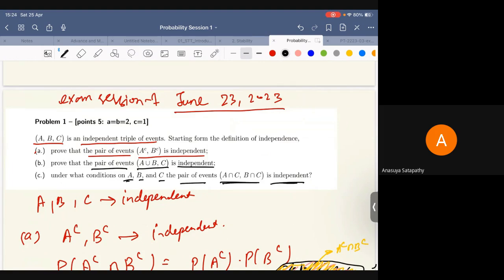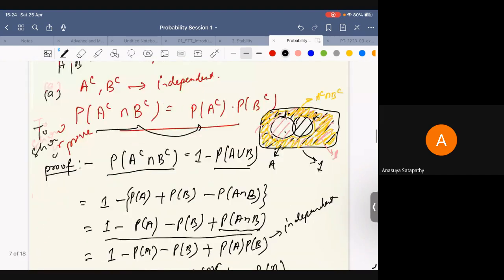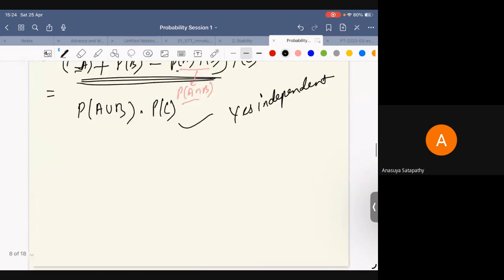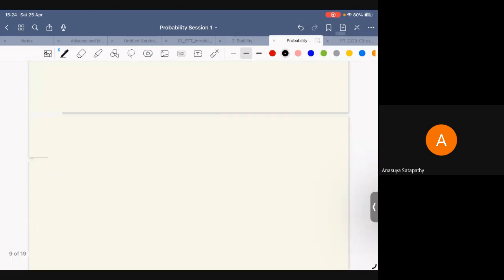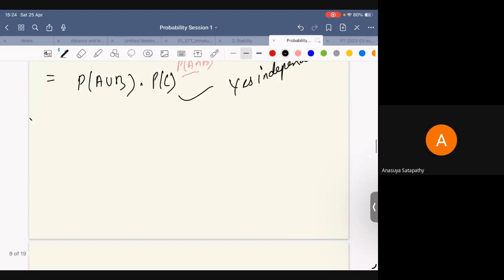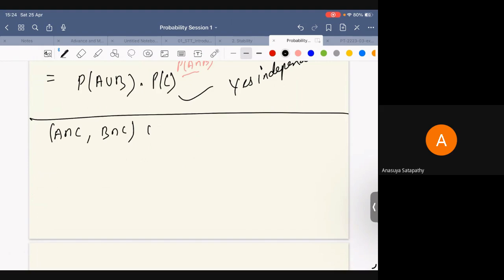So we have to check what the conditions are. Let me add a page. It is asking that A intersection C, comma B intersection C must be independent. But we have to also check the conditions of A, B, and C.